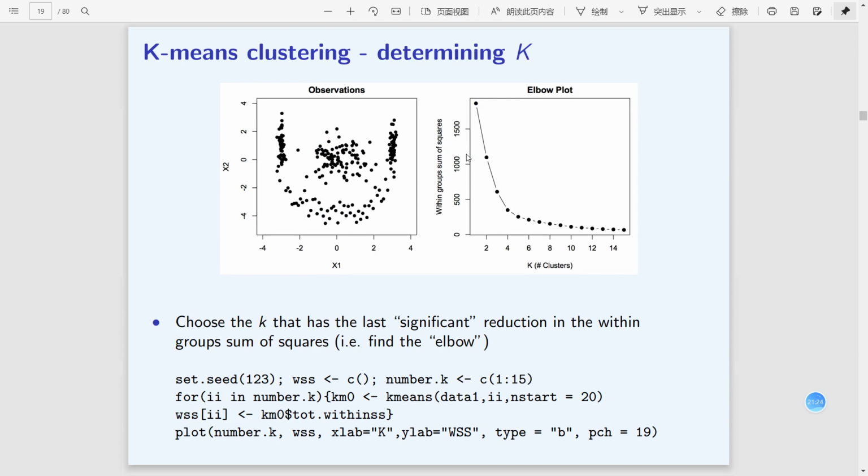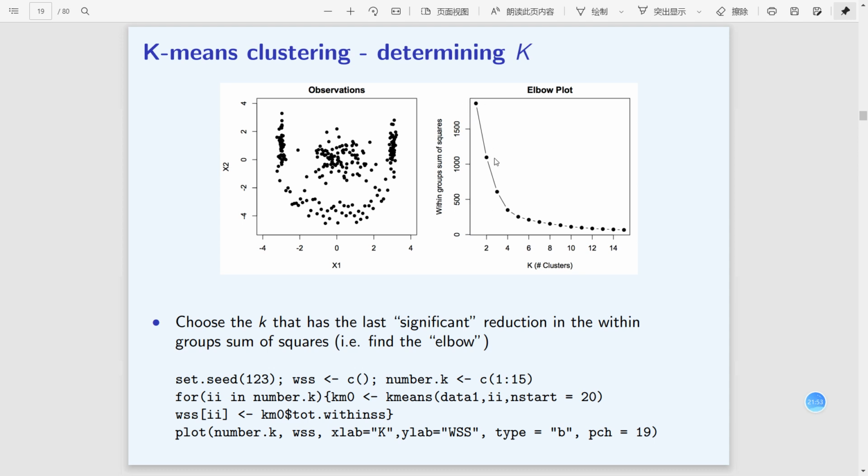So to determine K, I'll briefly cover that. Here is one way. Imagine my K takes different values. I'm going to do different tests of the within-group sum of squares. Okay, so given this dataset, I try. K equal to 0 is meaningless, right? Every sample is within K equal to 1.